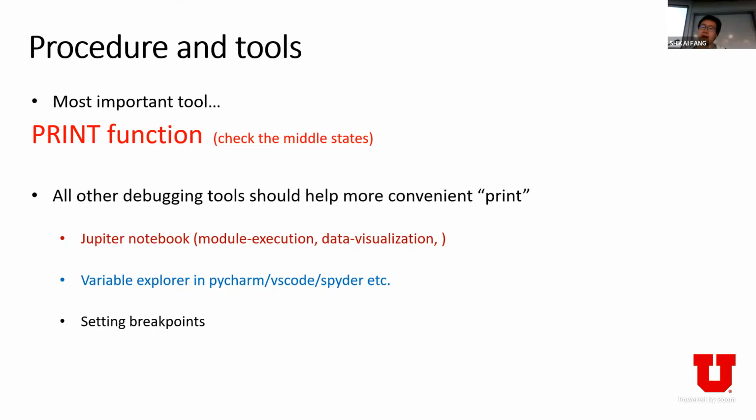But remember, all the debugging tools, maybe just the print function, or setting breakpoints, or the variable explorer in VS Code, in Spyder, in MATLAB, or lots of different software, the key function of such complex tools is to help you do the print function more conveniently. That's the principle. If you can use the print function, you can check the mid-stage of your algorithm, of your approach, and you can mostly identify where the error happens and how it happens.